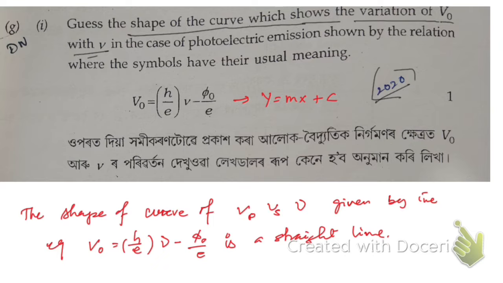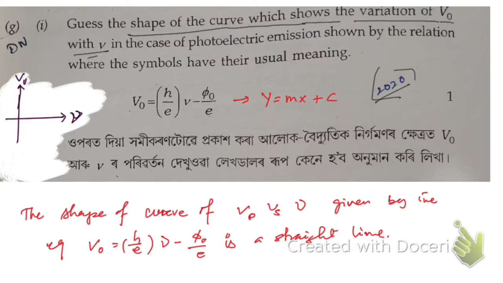Let me show you here. So this graph is gonna be like this. Here this is the v naught and this axis will represent nu, and the graph will be like this.